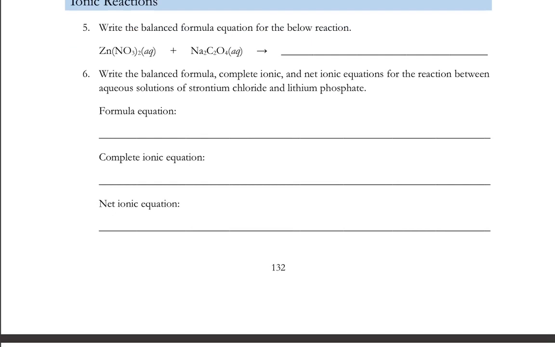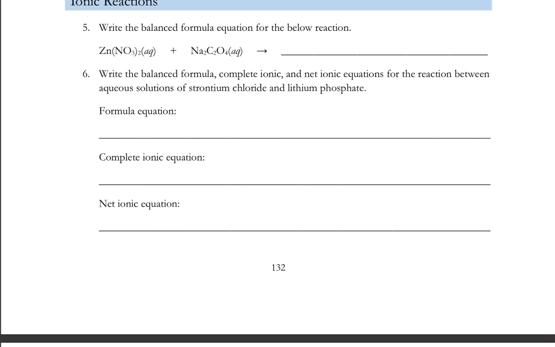Okay, now we're writing out the equations. So for problem number 5, we do the exchanging of partners. We look at the solubility rules to see if solids form. So we indicate the state of the aqueous, the solid states of the products. We balance the reaction. We make all the compounds neutral.